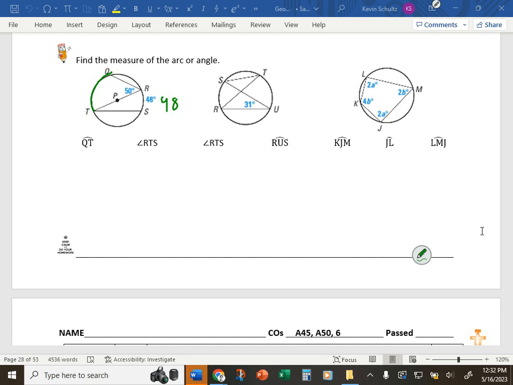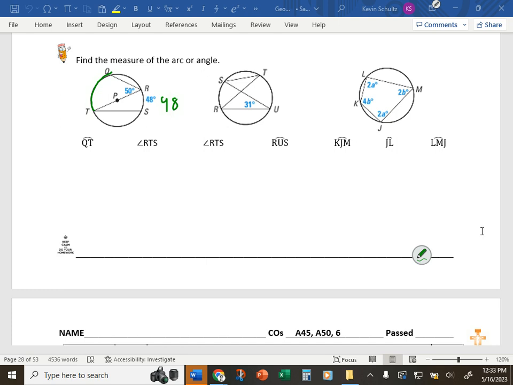Joey, 100. How do you know it's 100, Joey? Theorem 10.7. Which says what? It says the arc is double the angle.